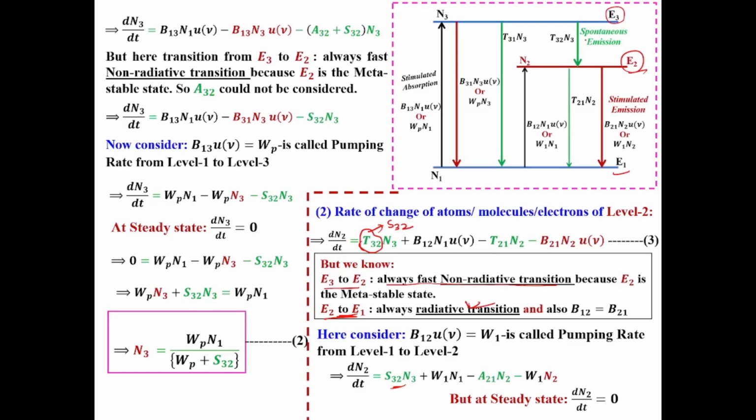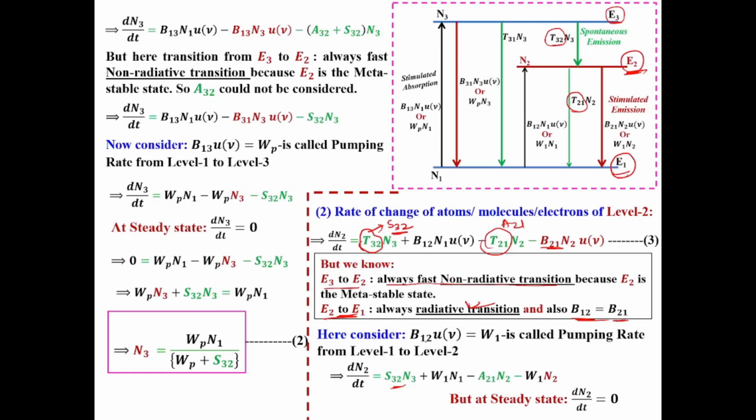So spontaneous emission from E3 to E2 is non-radiative, so instead of T32 we have to write S32. Spontaneous emission from E2 to E1 is always radiative, so instead of T21 we have to write A21, right? And B12 equals B21.